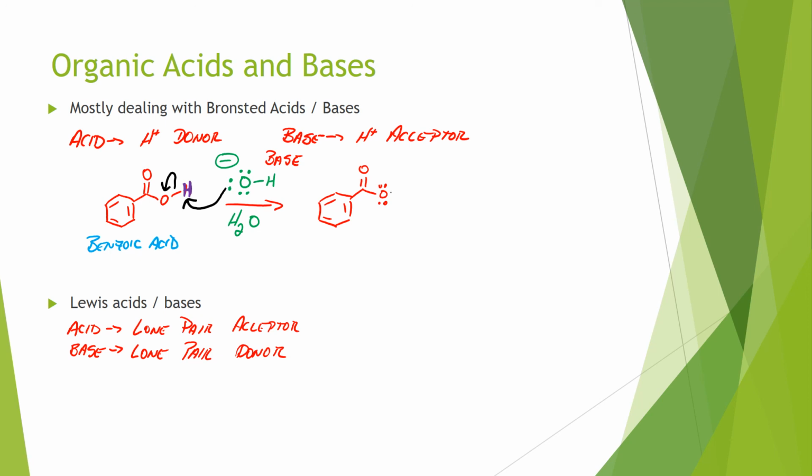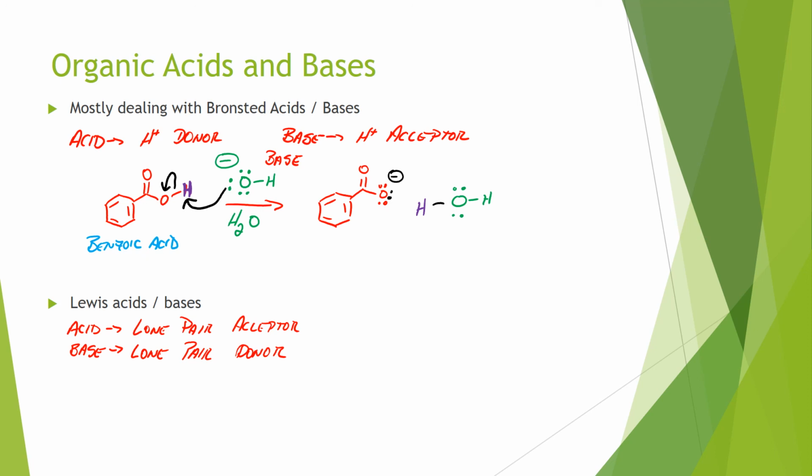And let me get some colors in here, right? There's a lone pair. Here's our hydroxide, right? That forms a bond with the originally purple hydrogen there, okay? And so take a quick second, follow the mechanism arrows and the color coding that I did in there.